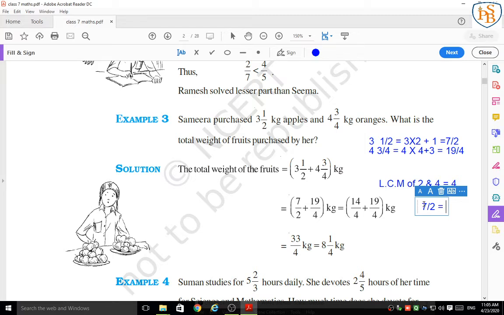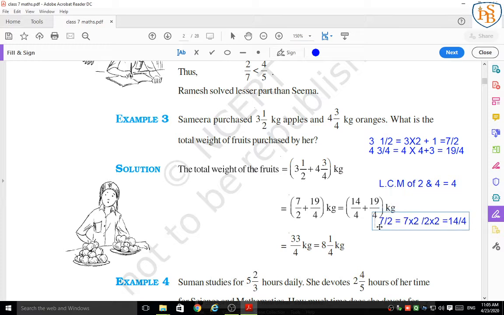So if we multiply the denominator by 2, at the same time we have to multiply the numerator by 2. So we write here 7 multiplied by 2 upon 2 multiplied by 2. So we get the answer 7 2s are 14 upon 2 2s are 4.